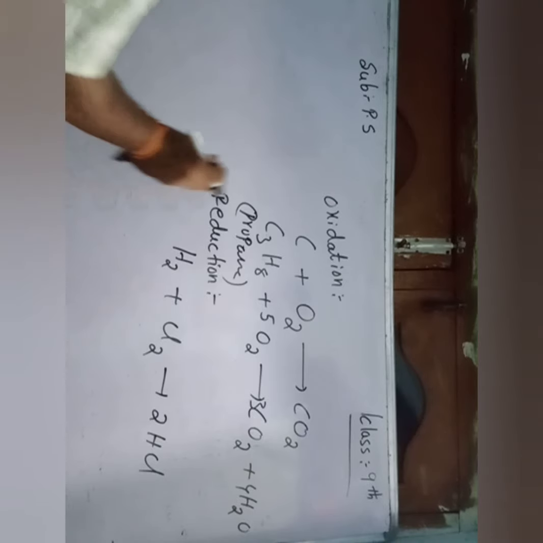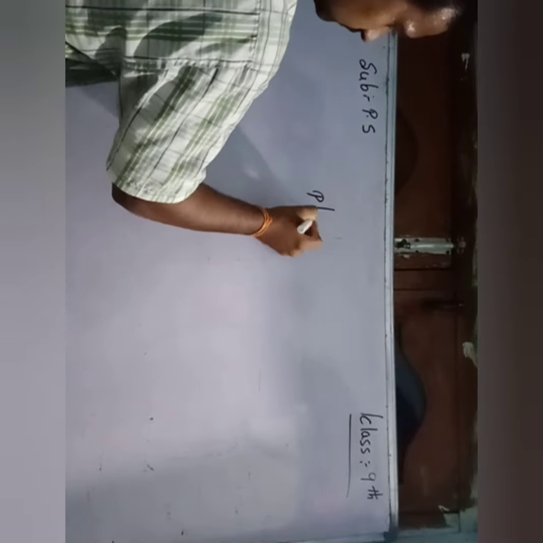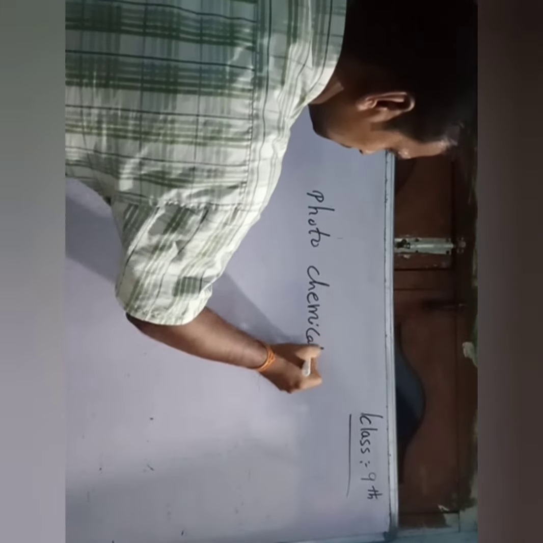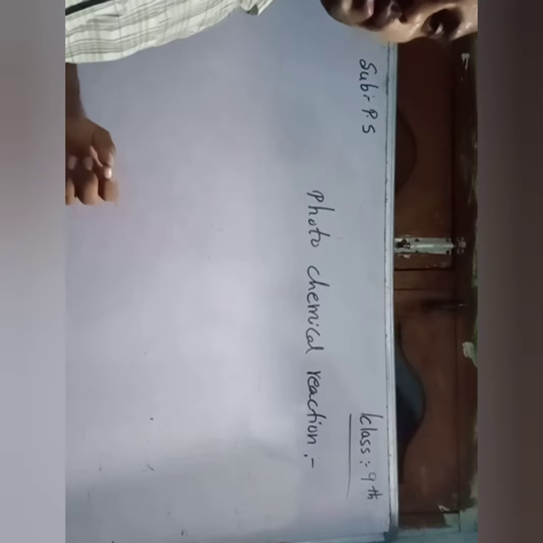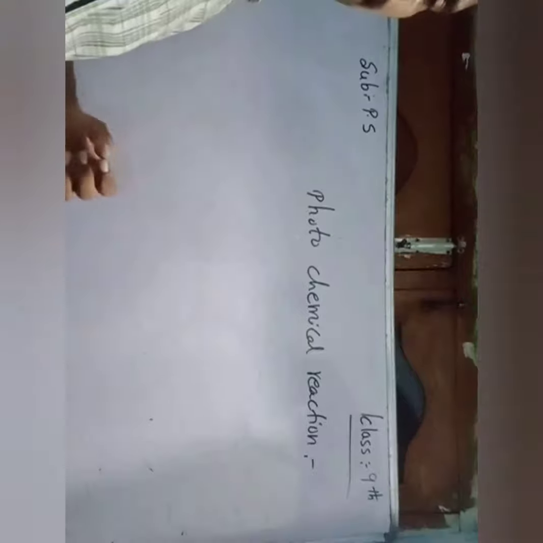Clear? Now photochemical reaction. What is a photochemical reaction? A reaction that takes place by using sunlight is a photochemical reaction.